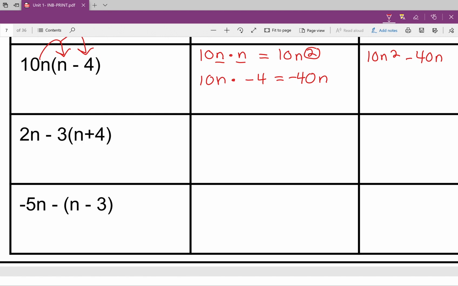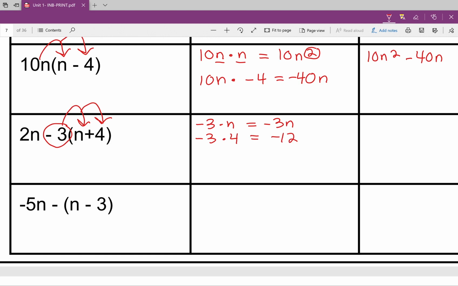Okay, example 3. I'm going to take this negative 3. Notice that's the first thing outside of the parentheses. And I'm going to distribute it in. So I have negative 3 times n, which equals negative 3n. And negative 3 times 4, which equals negative 12.